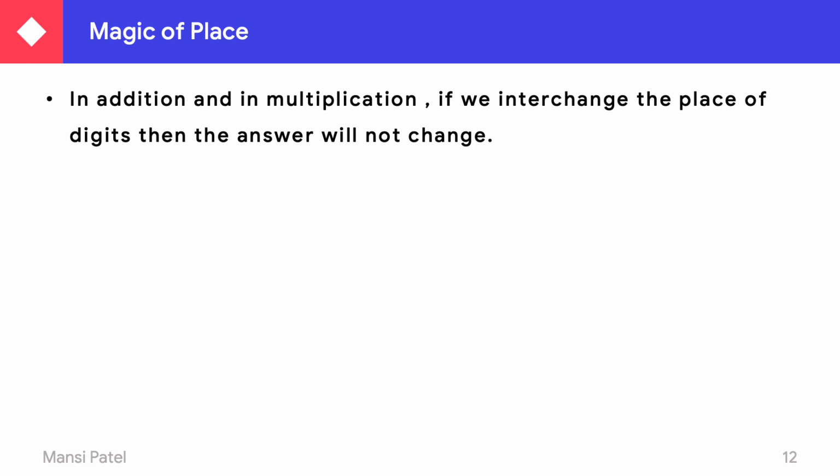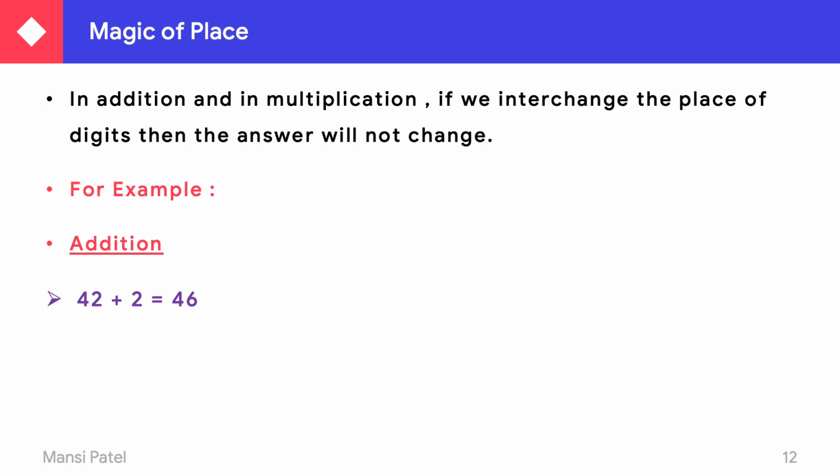Now let us see the magic of place. In addition and in multiplication, if we interchange the place of digits, then the answer will not change. For example, for addition, 42 plus 2 is equal to 46.